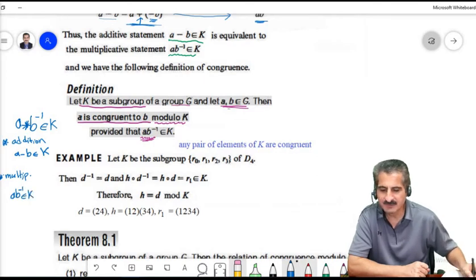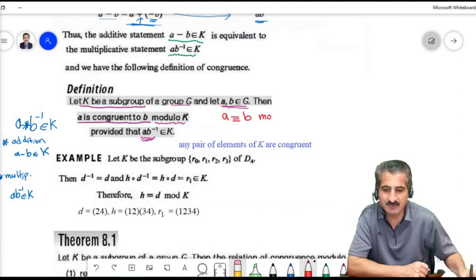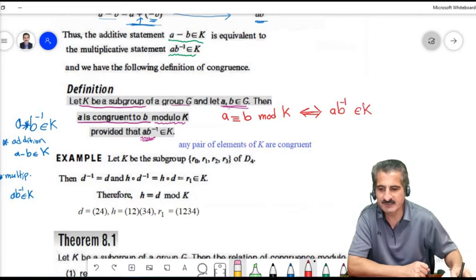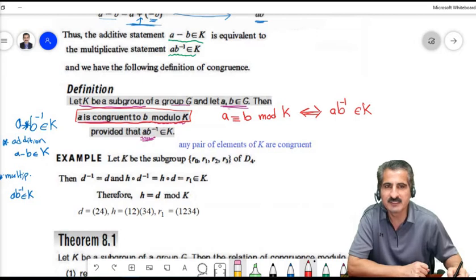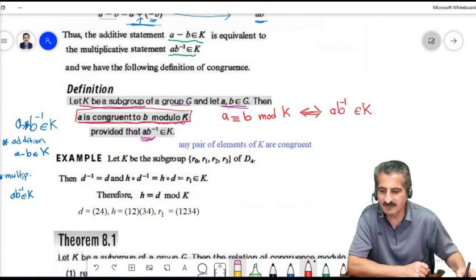Okay, so let's go back to the definition. a is congruent to b modulo the subgroup K if and only if a times b inverse belongs to K. So this is the definition of how two elements are congruent to each other modulo a subgroup K. You may say congruent to each other with respect to a subgroup K. And now in blue here, any pair of elements of K are congruent.